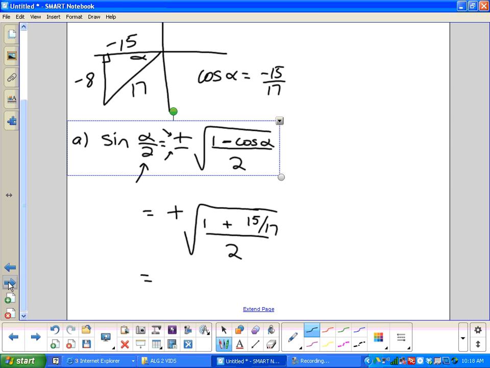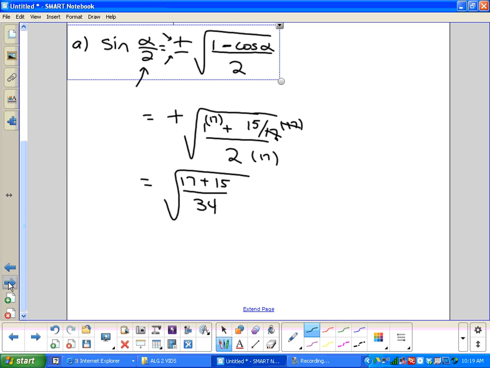Right, multiply everything by 17, and that'll get rid of that 17. So, big old honking square root of 17 plus 15, those are going to cancel out, over 2 times 17, which is 34. 17 and 15 is going to give me 32.